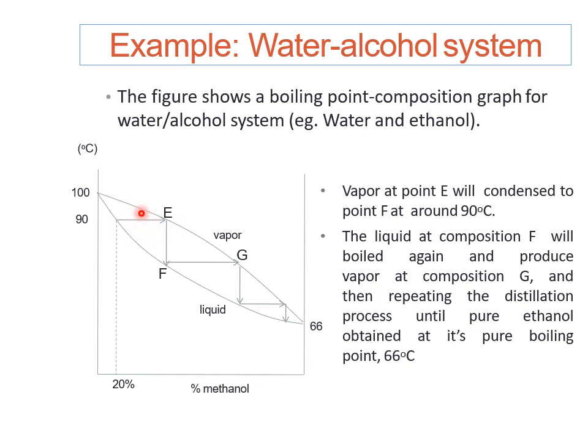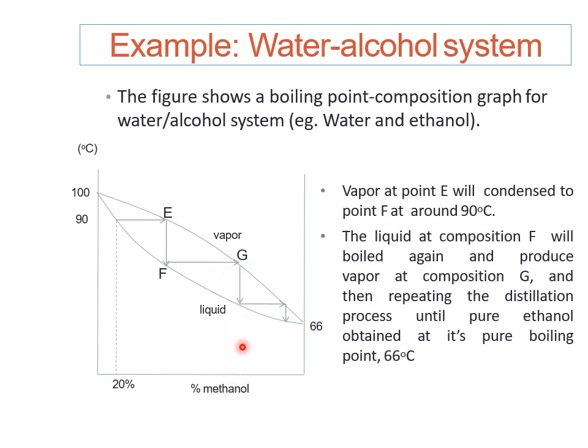You have to state the equilibrium between vapor and liquid condition here until it reaches point E, and then it's going to condense until it reaches point F, which is around 30% or 40%, let's say, and then it's going to be heated up again. The process of equilibrium happens here until it reaches point G, and then condenses again.